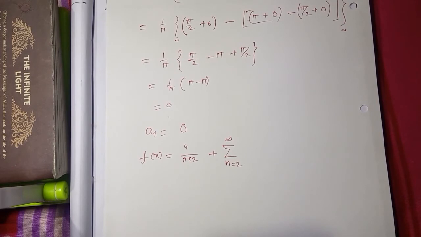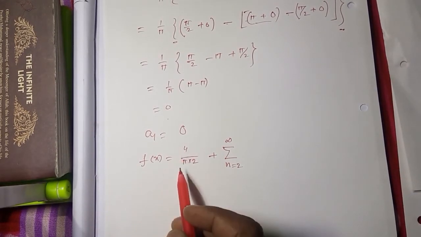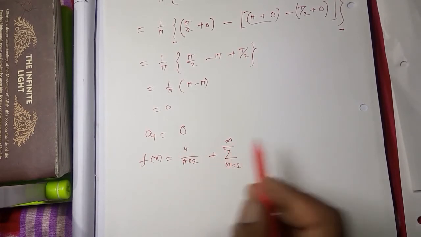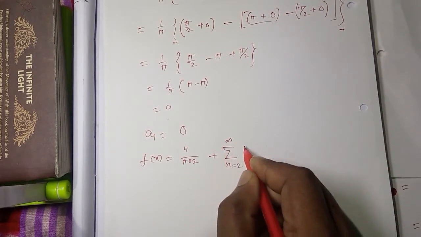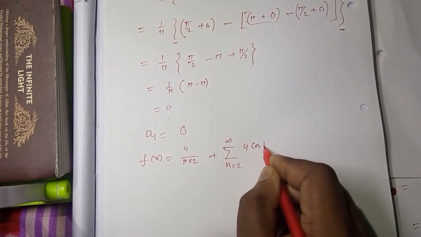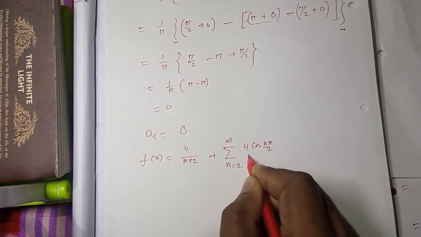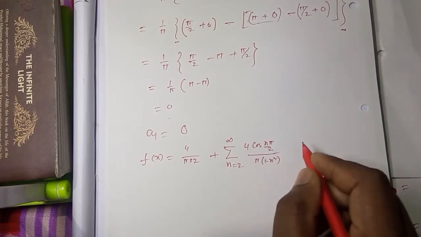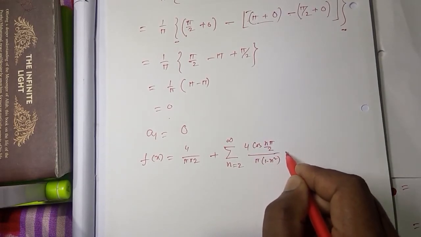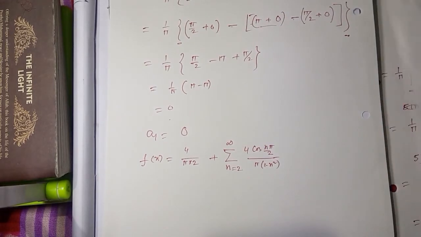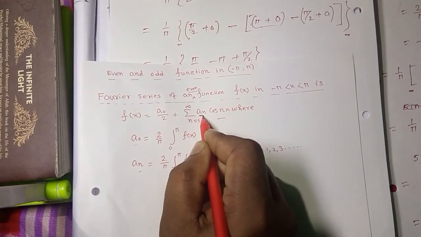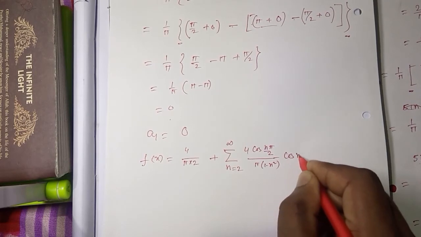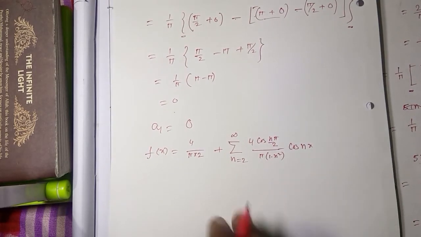f of x is equal to a0 by 2 plus summation n equal to 2 to infinity, and we compute an is equal to 4 cos of n pi by 2 by pi into 1 minus n square, and we put the value and then cos of nx, and this is the Fourier series.